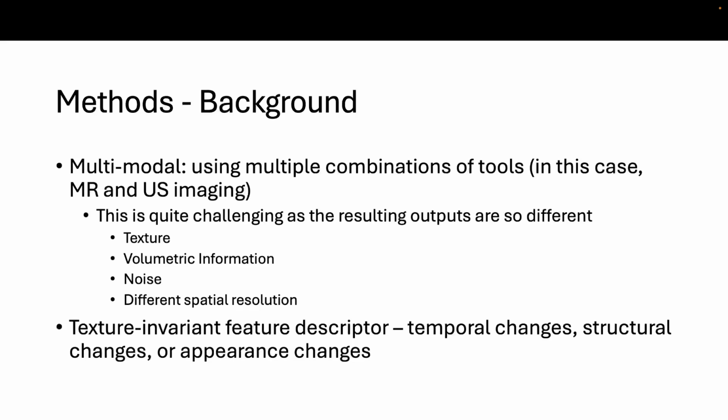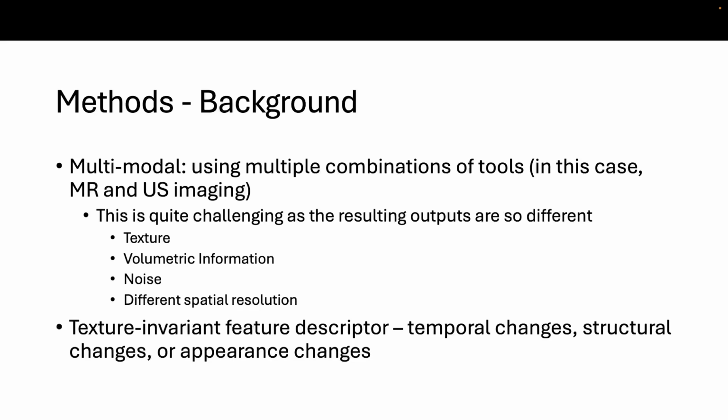For their methods, they used a multimodal method, which is a combination of tools, in this case MRI and ultrasound. The reason this is quite challenging is because the images are so different. They're different in texture, and in what kind of information and volume.